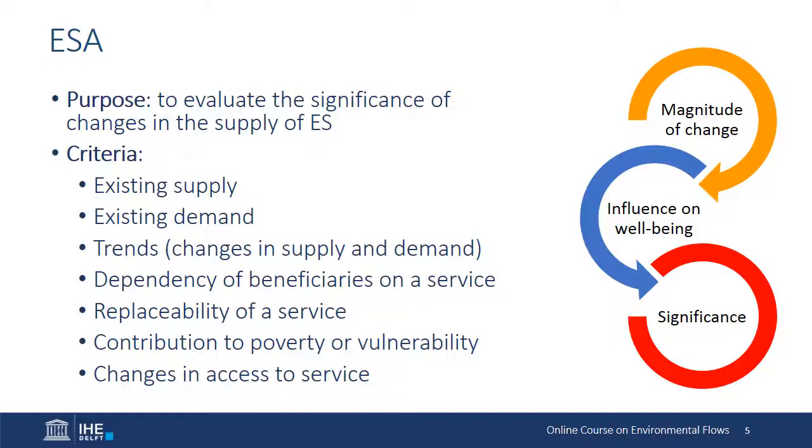So in summary, significance is determined by the magnitude of the change and the influence on well-being. And all this is based on the values that people give to those services.